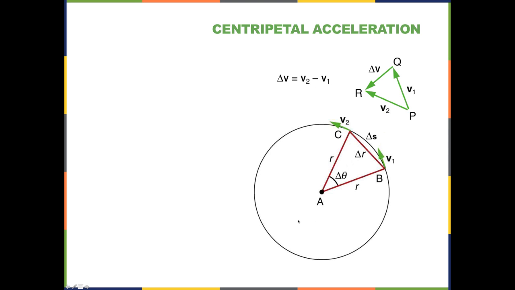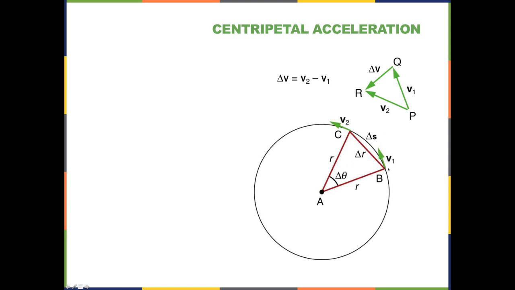Now, I said before that while the speed was constant, the direction was changing, and therefore, although the speed that the individual is moving around is the same, they are accelerating because throughout the movement there's a change in direction.